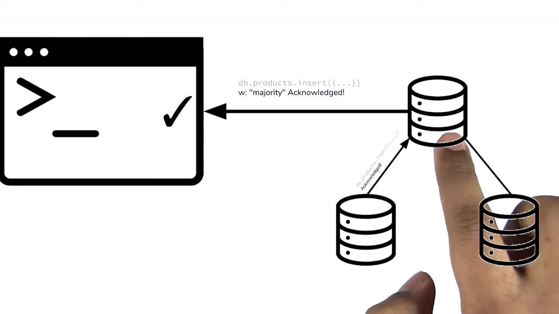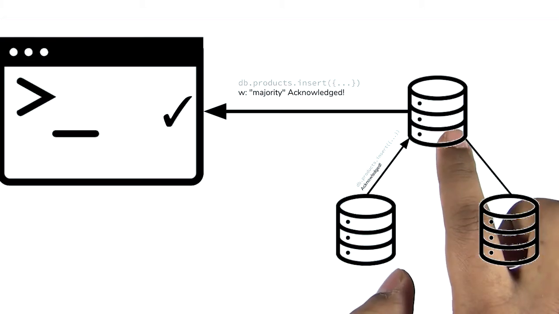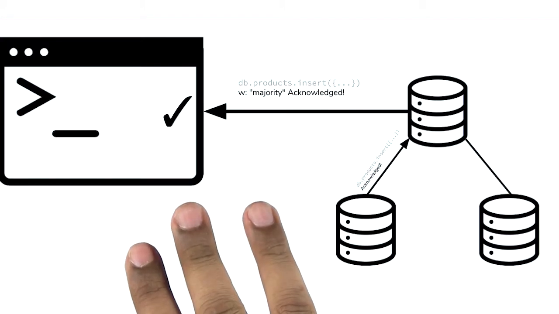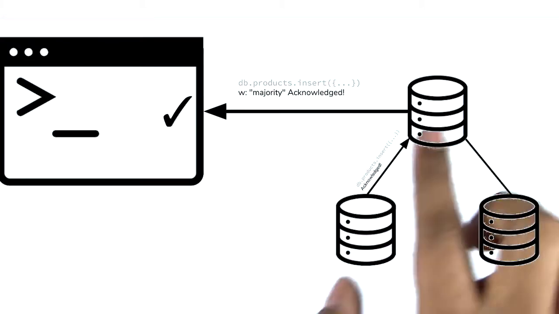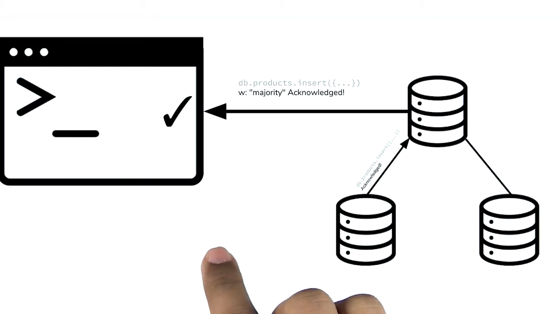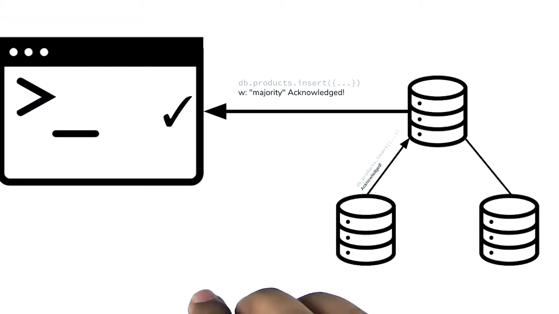Now, if the primary happens to go down, we have a reasonable guarantee that at least one of the secondaries has received the write operation. If I set the write concern to 3, the application would require an acknowledgement from all 3 members before considering the write successful. At this point, you might be thinking, well, I want guarantees of data durability, so shouldn't I always set my write concern as high as possible?